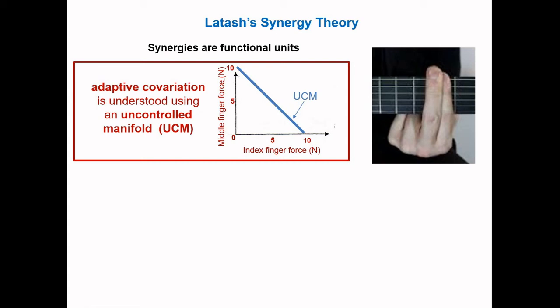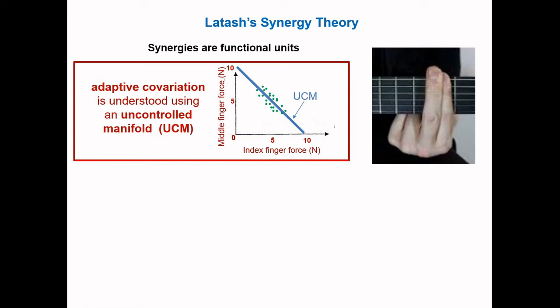If we were to measure the forces created by the index and middle fingers in this task, and we were to create a data point for each observed combination, we would observe a cloud of data points that looks something like this, the green dots. Here we see that the participant does not always perform the perfect combination of forces, which is why some of the green dots do not land exactly on the blue line.